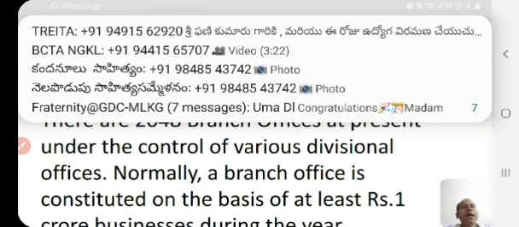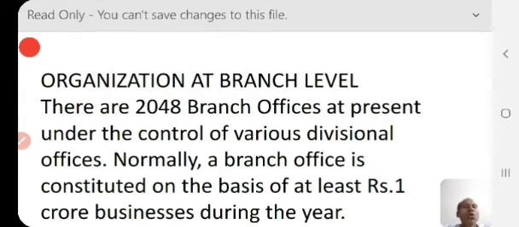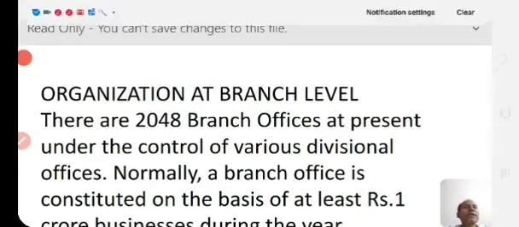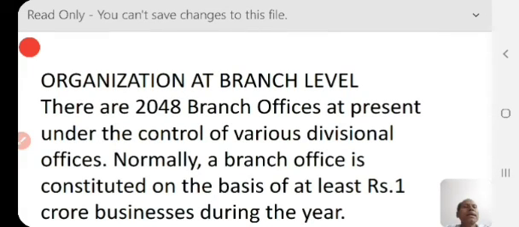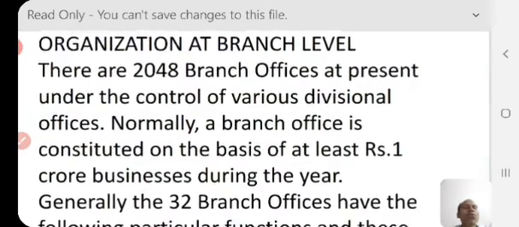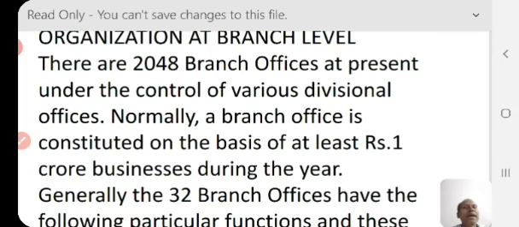Normally, a branch office is constituted on the basis of at least rupees 1 crore business during the financial year.